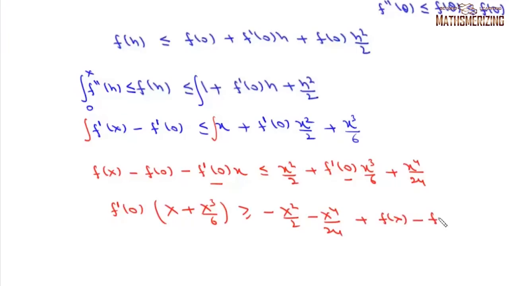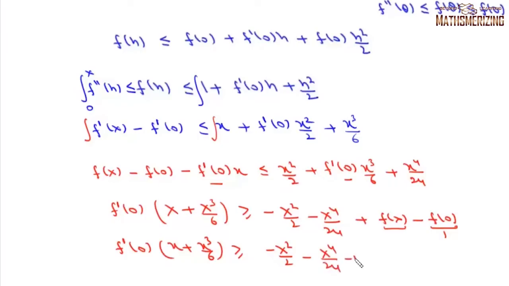f(x) minus f(0). Now f(0) is 1 and f(x) is always greater than or equal to 0. So from here we can say f'(0) into x plus x³ upon 6 will be greater than or equal to minus x² upon 2 minus x⁴ upon 24 minus 1.